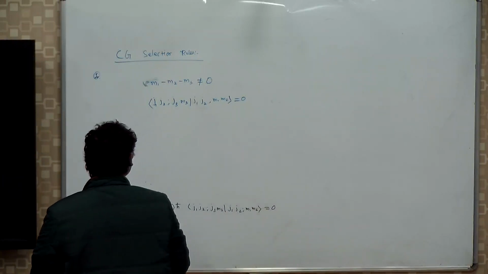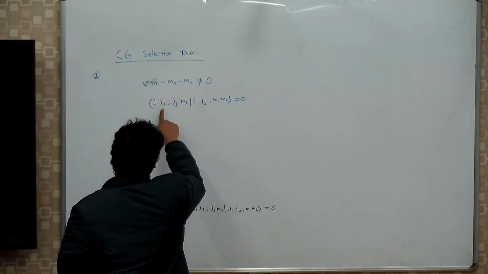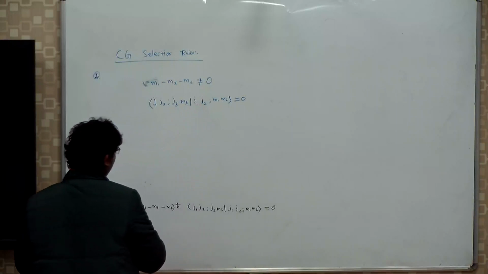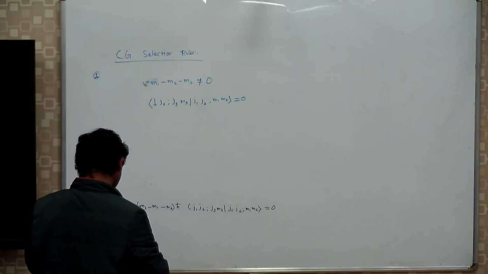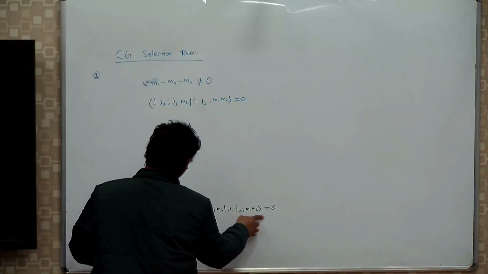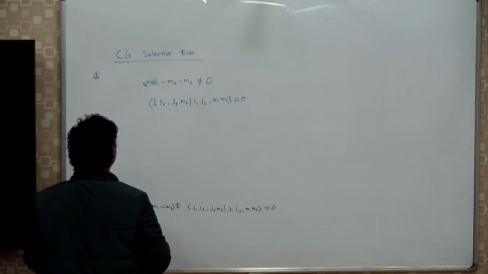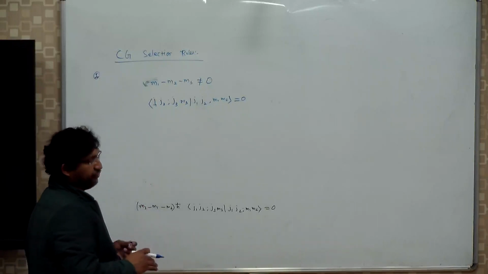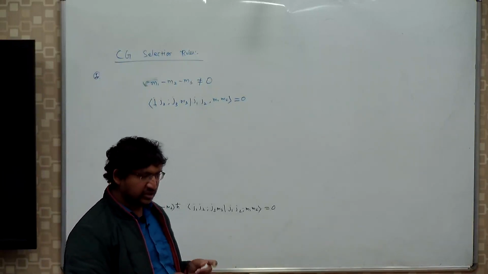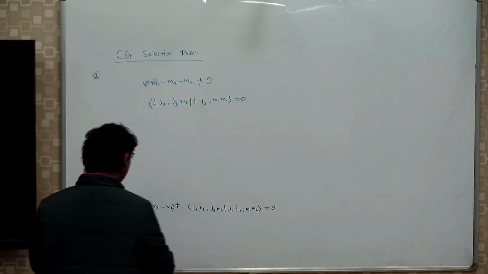That means this is a coupled state and this is an uncoupled state, and these two are orthogonal. So this can be 0, but this cannot be. So if we want to find the CG coefficient, states should be orthogonal with each other.